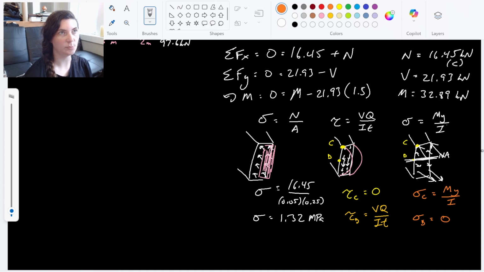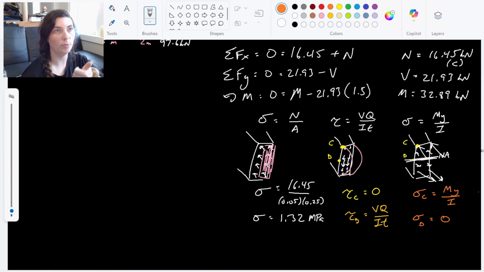Which again makes sense because the distance y between the centroidal axis and our point of interest is 0. They're the same. So since that y is 0, that means that our overall stress at D is 0. Let's write that better. All right, this is D. There we go.